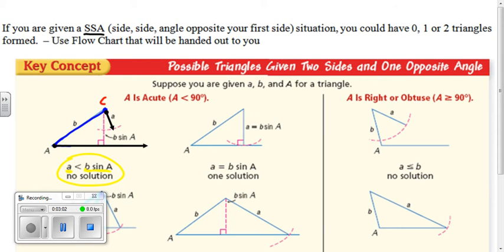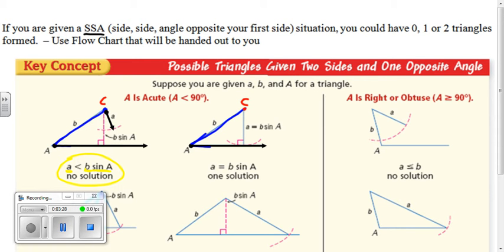In this situation over here, again, we have A given, which is stationary. We have length C, which can be as long or as short as we need it to be. B is given as a length and part of the angle, so it can't move, it is stationary. So it comes out to point C here.